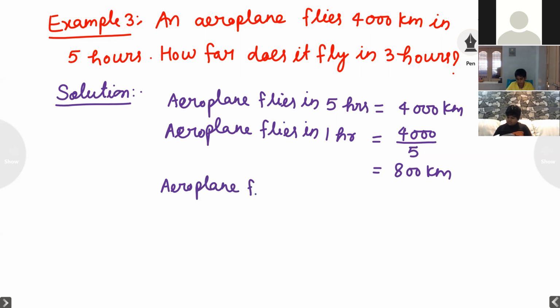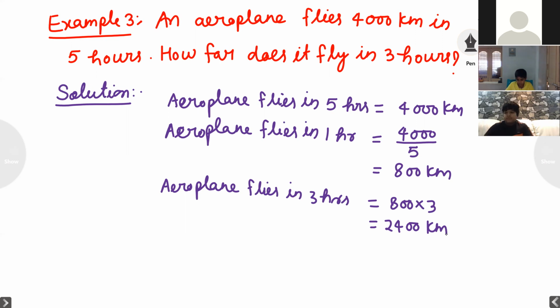Aeroplane flies in 3 hours is equal to 800 into 3. 2,400 kilometer. Aeroplane will fly in 3 hours, 2,400 kilometer.